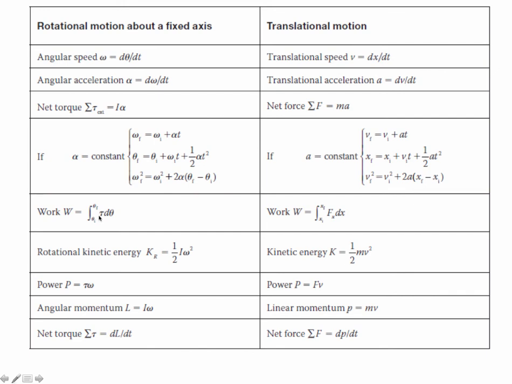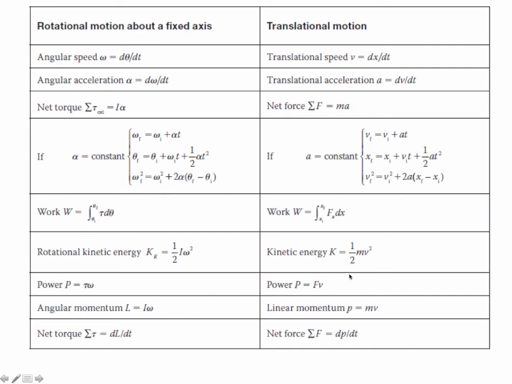We also didn't specifically discuss work, but work is, in analogy to linear motion, defined as the integral from an initial displacement angle to a final displacement angle over the torque times the displacement interval. We mentioned rotational kinetic energy as 1/2 moment of inertia times angular speed squared, which is equivalent to the familiar kinetic energy 1/2 mv squared.